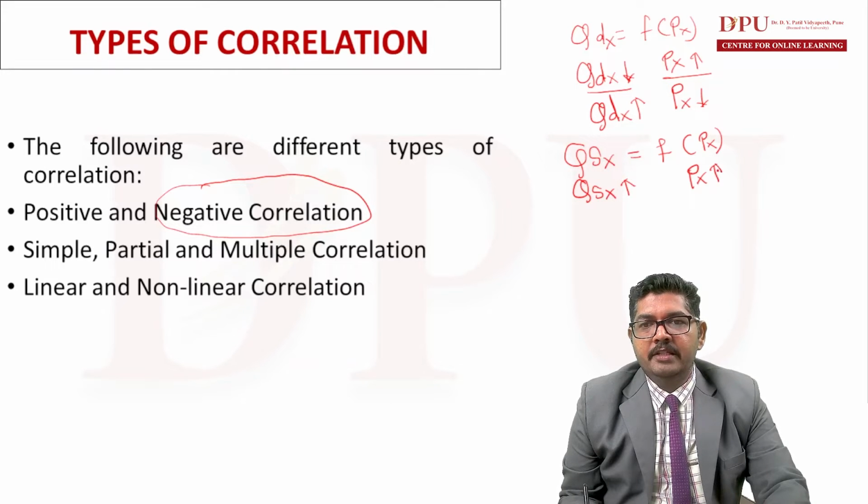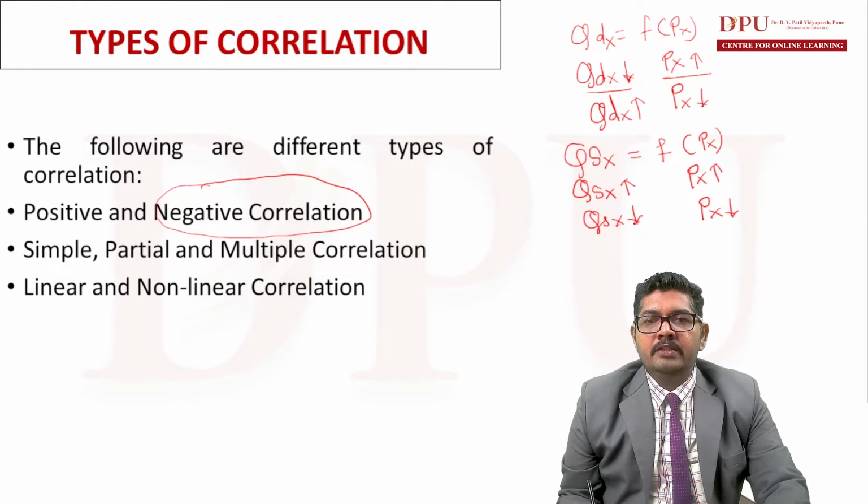If price increases, he will have more incentive or more profit, and that's why he will supply more quantity to the market. And if the price of the commodity decreases, the quantity supplied in the market will also decrease, right? Because he will have less incentive. Now the profit margin will decrease, and therefore he will supply less quantity to the market.